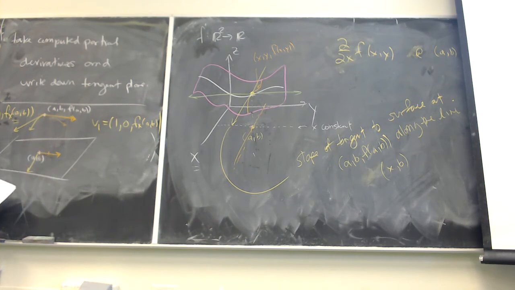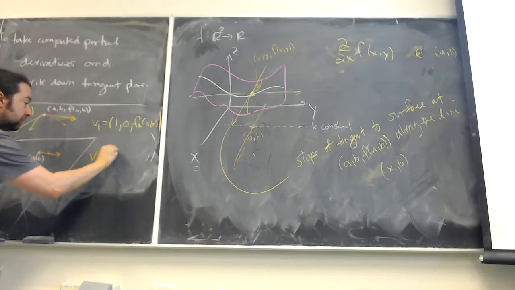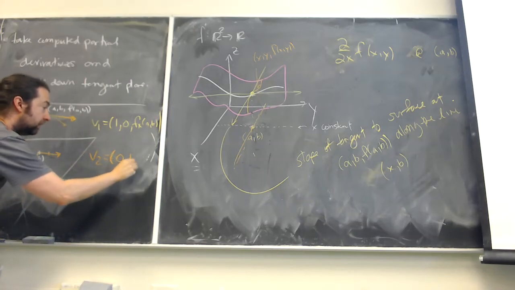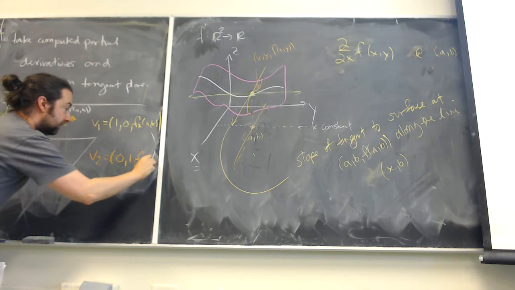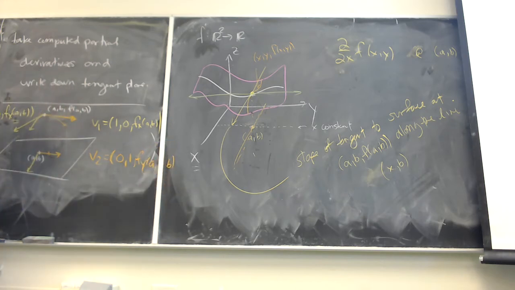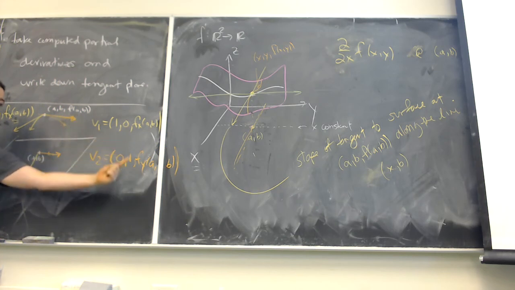So I move 1 unit in the y direction, no units in the x direction, and I've got a slope that tells me how much my z change is. I should get v2 is equal to (0, 1, fy(a, b)). If I move from that point 1 unit in the y direction, the slope that I change is fy(a, b).